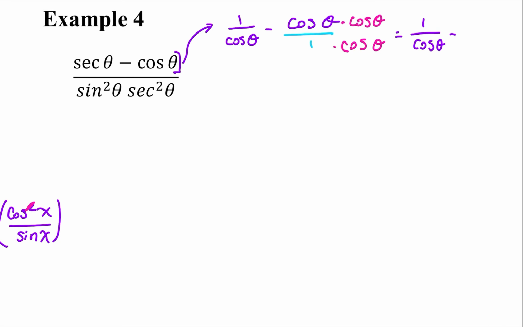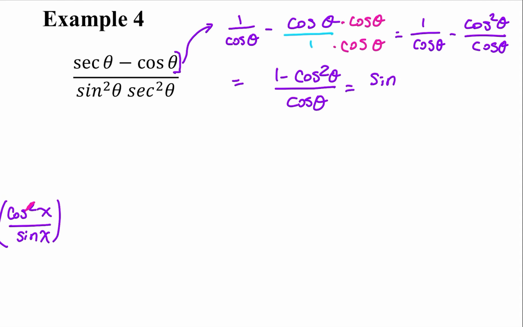So I end up with 1 over cosine minus cosine squared over cosine, or in other words, that becomes 1 minus cosine squared on top over the cosine on the bottom, and 1 minus cosine squared is a Pythagorean identity, sine squared, so sine squared of theta over cosine of theta.